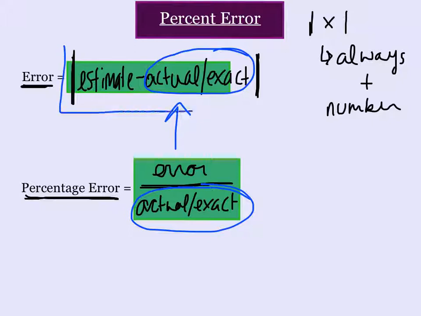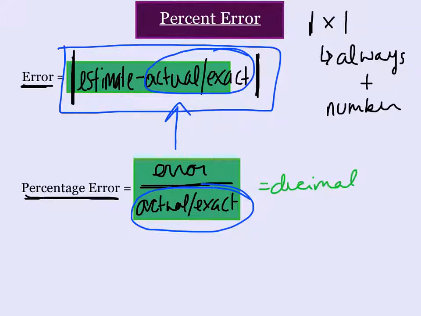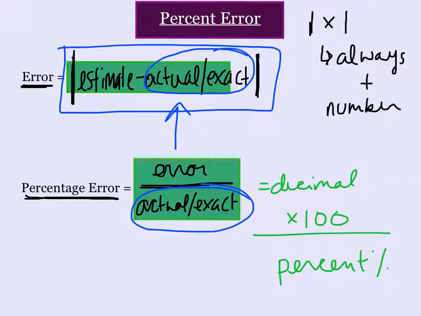So error is this whole thing, and actual exact is the one circled. However, when you do this, it produces a decimal. And remember, you have to then multiply by 100, and we'll end up with our percent. Don't forget this multiply by 100 step at the end. Otherwise, your answer will be in decimal form and not percent form.